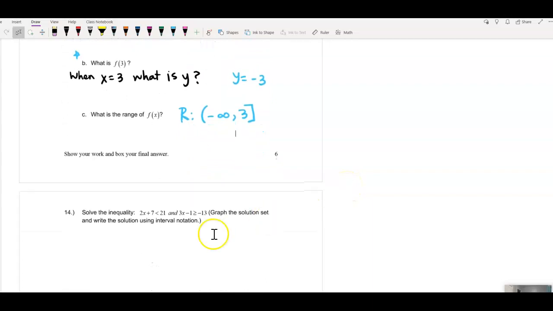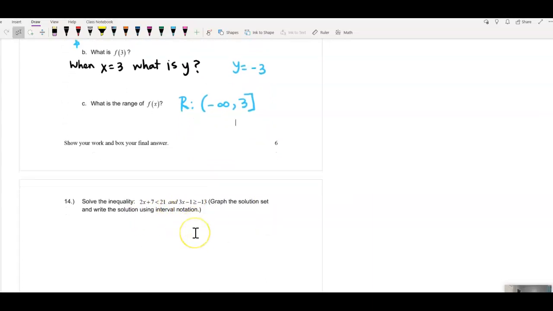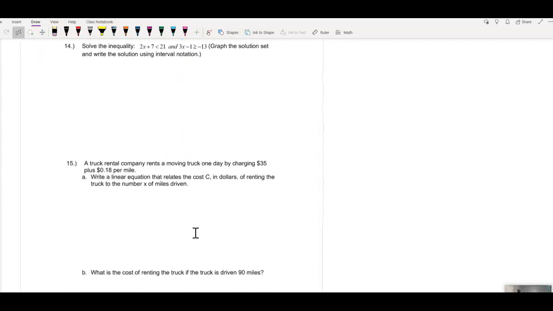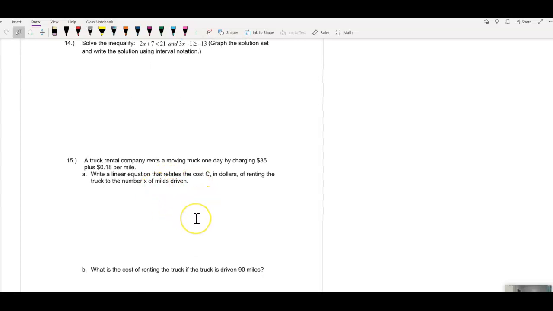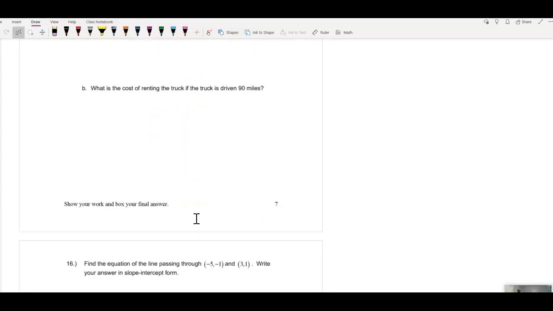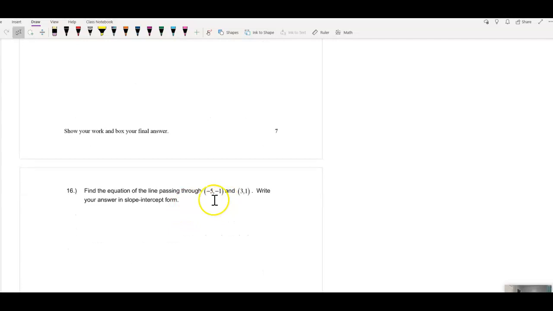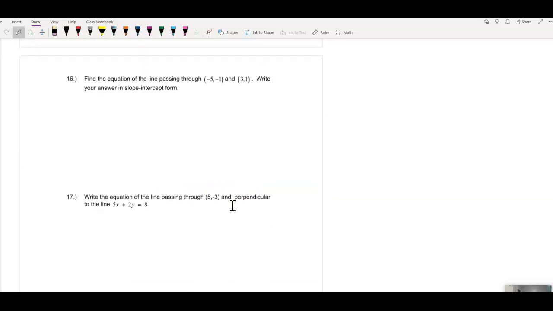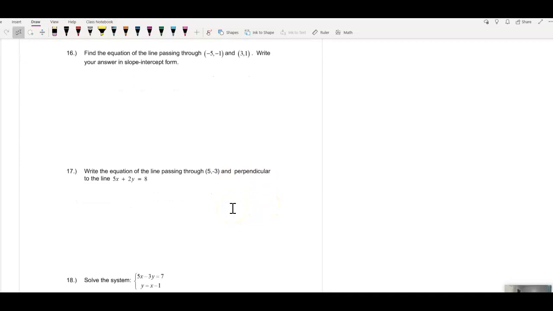All right, so then there's another inequality statement. This one is an and. So we can go back and get any of these that you want. There's this story problem with the moving truck. There's writing an equation of a line that goes through 2 points. Finding an equation of a line that's perpendicular to another line.